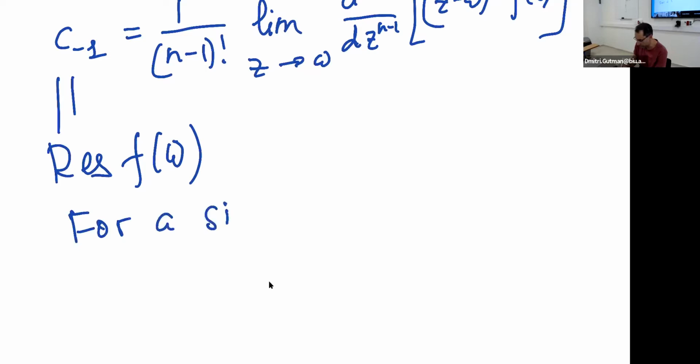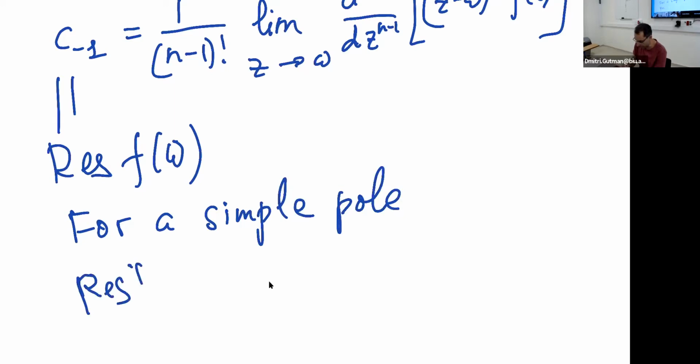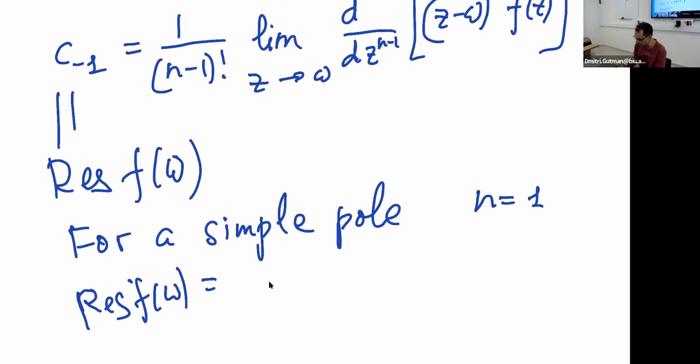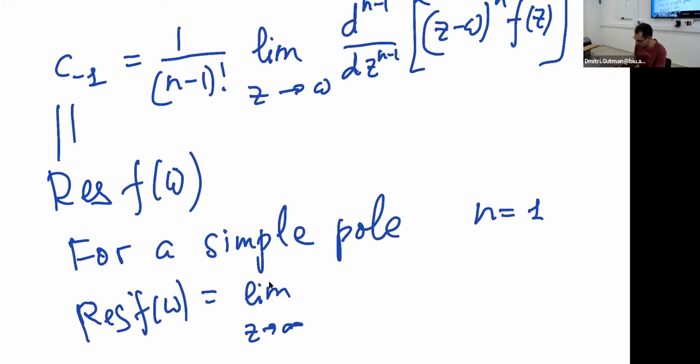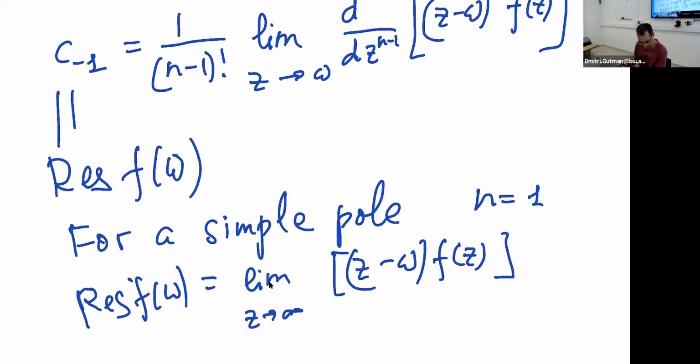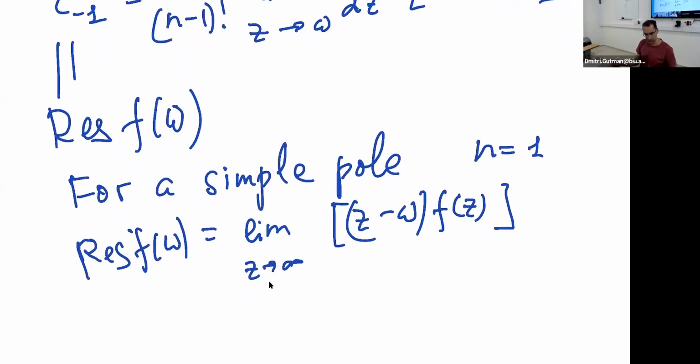For a simple pole, n equals 1, so 1 over n minus 1 factorial is just 1. It means the limit z approaches w of the derivative of order 0, so there's no derivative, of (z minus w) times f of z. And this is exactly what we have expected.